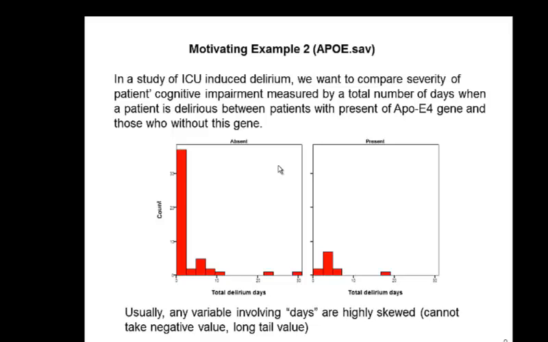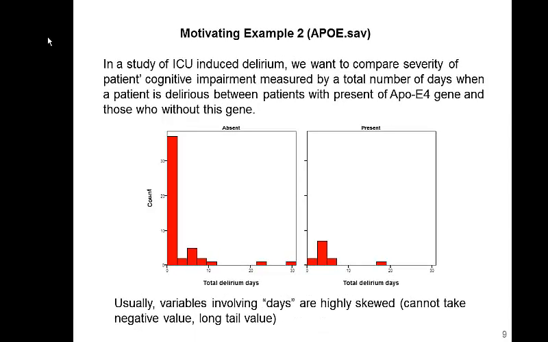And we want to compare the distribution of delirium days between 2 groups, one with the ApoE4 gene and one without. Usually variables involving days are highly skewed because they can't take negative values and usually a few patients have long days. Therefore, analysis is challenging.